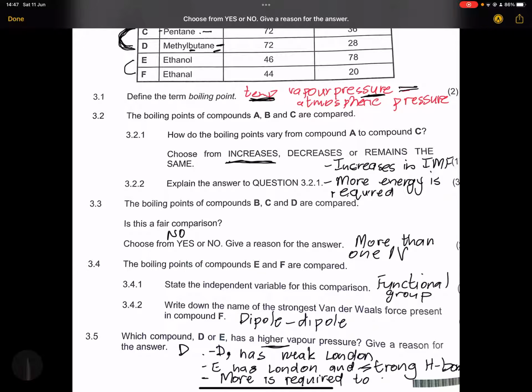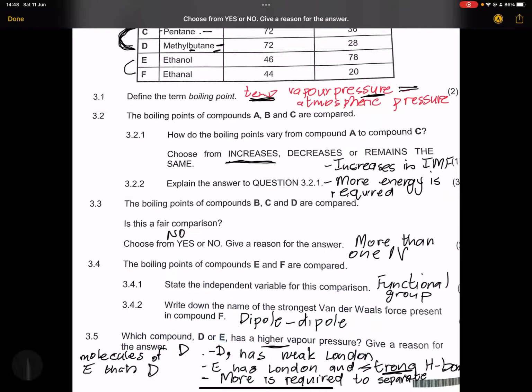More energy is required to separate the molecules of E, why? Because it has those strong hydrogen bonds, than that of D, and as a result, compound E has got lower vapor pressure.